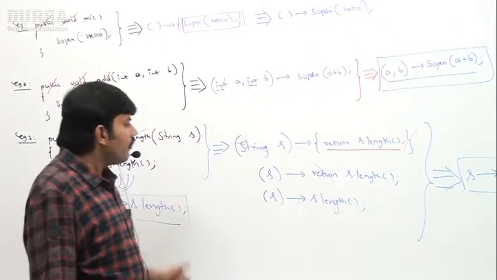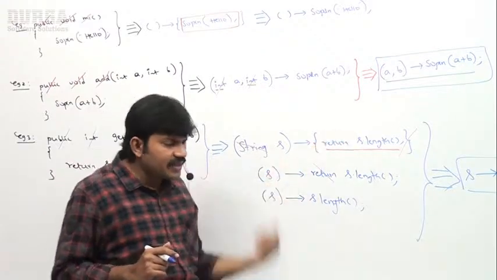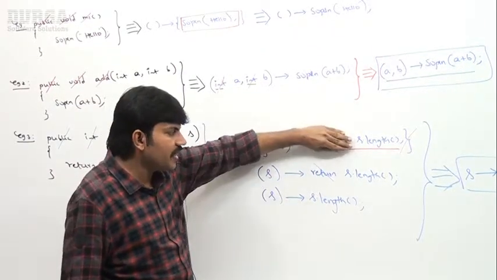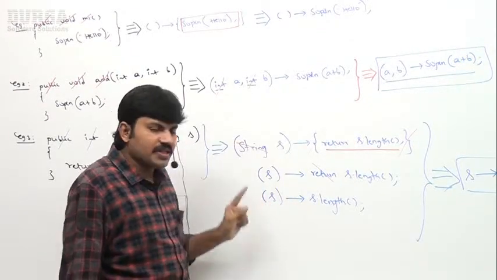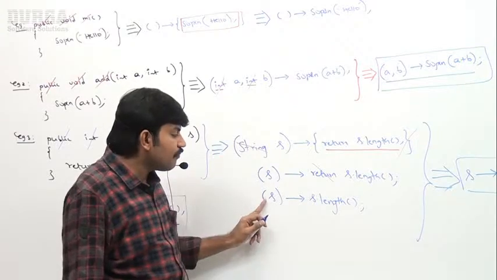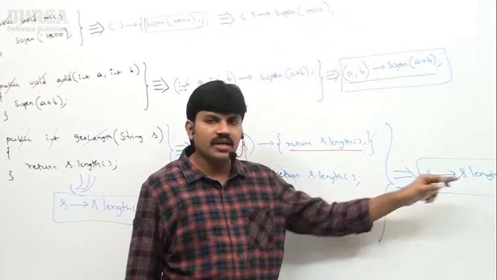Now observe. What is the next one, sir? If the lambda expression returns something, the compiler is able to guess automatically. We are not required to write return. First point: if only one parameter is there, if the lambda expression takes only one input value, then parentheses are also optional. Then simply s gives s.length().